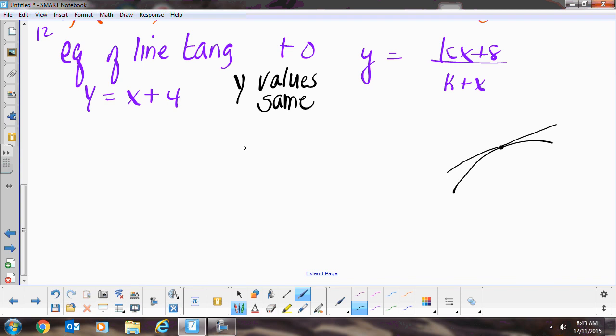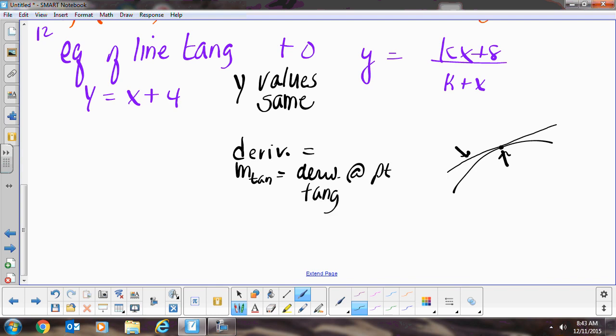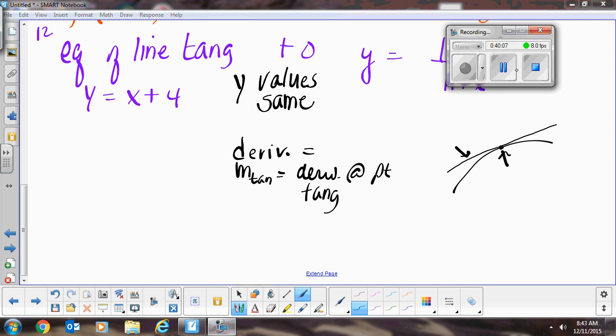And what do we know about the derivatives? The derivative of this line and the derivative at that point, they're equal because the slope of the tangent line is equal to the derivative at the point of tangency. So what we're going to do is pause and come back to this after break.